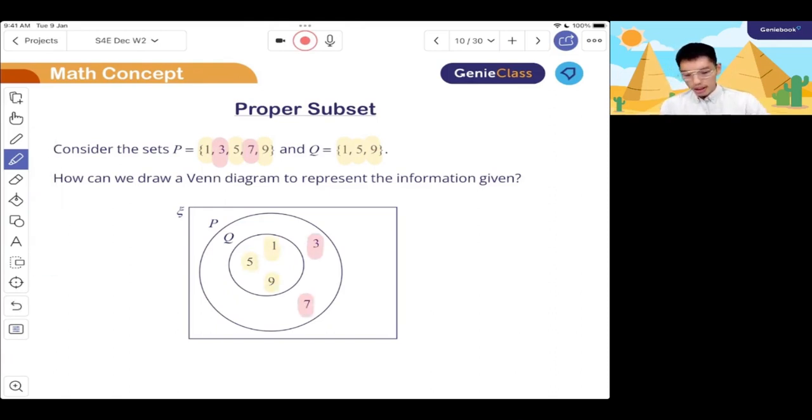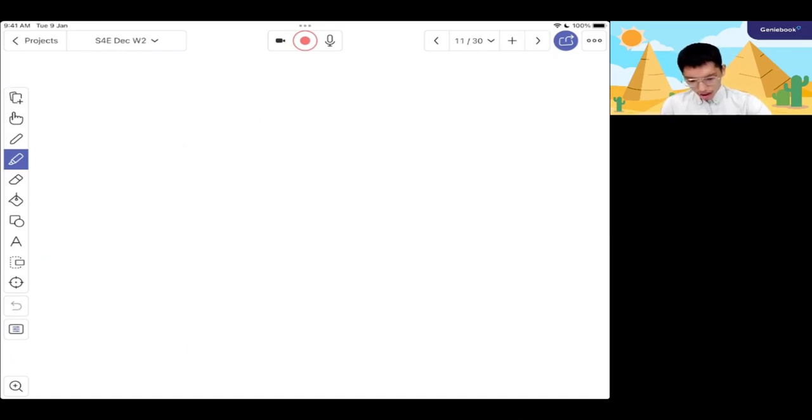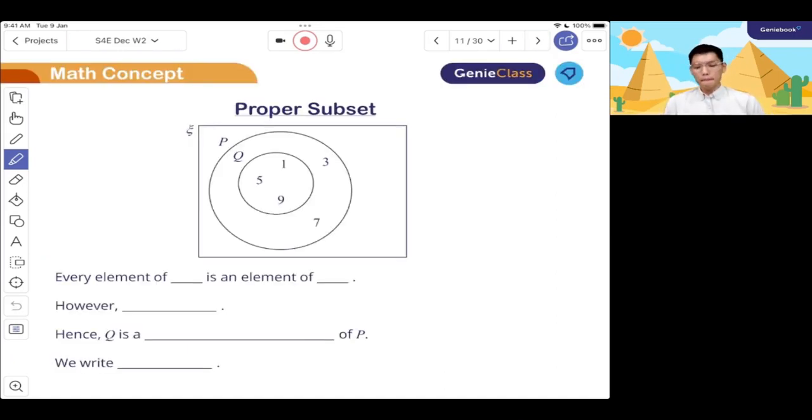So this is the notion of the proper subset. Every element of Q, do you all agree, is going to be in P? But to be a proper subset, that means properly contained, Q is not equal to P. That is very, very important when we talk about a proper subset.